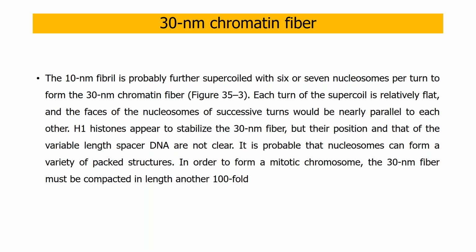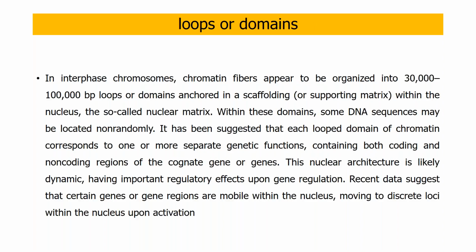H1 histones appear to stabilize the 30 nanometer fiber, but their position and that of the variable length spacer DNA is not very clear. And nucleosomes form this structure, and this 30 nanometer fiber must be compacted in the length order of 100-fold.